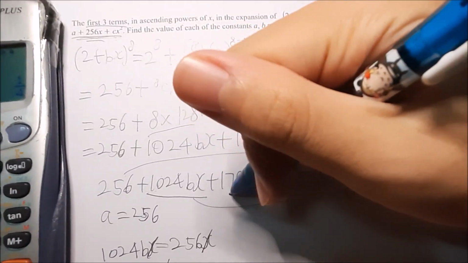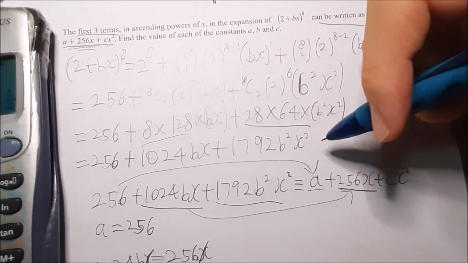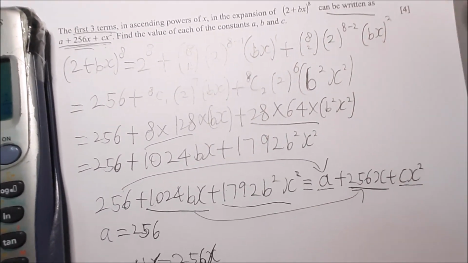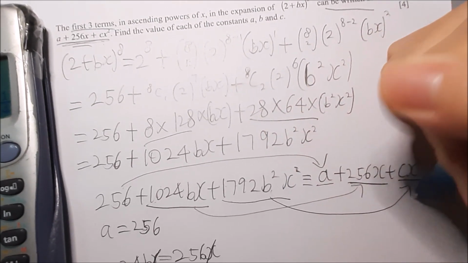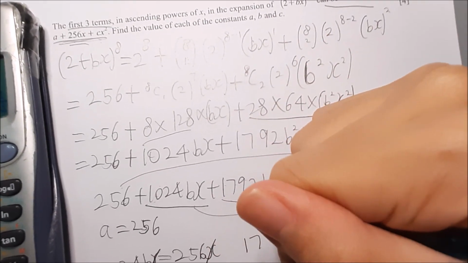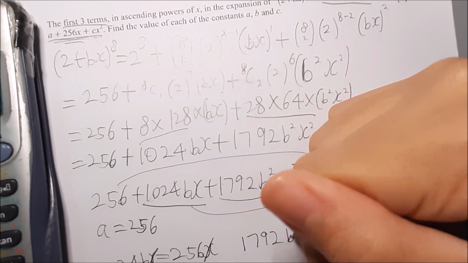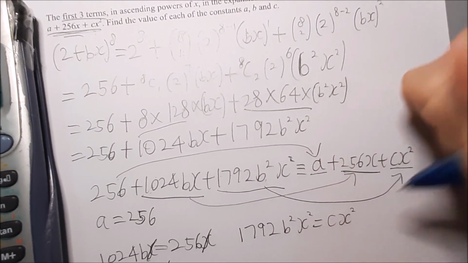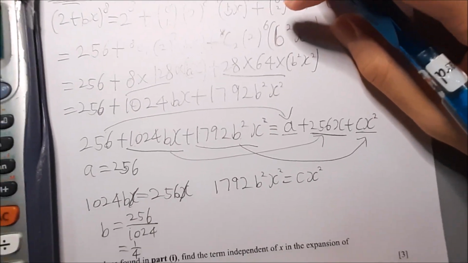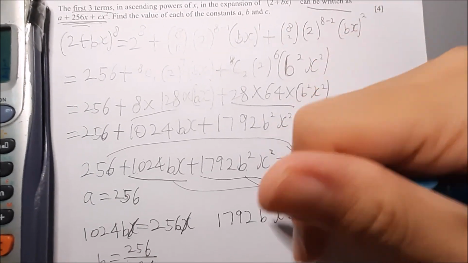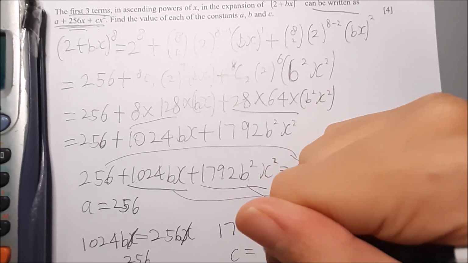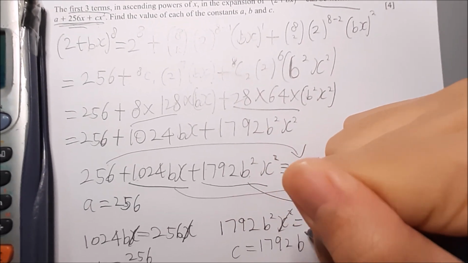And how about c? So you compare the third term, which is 1792b²x², and cx². So 1792b²x² equals cx². So you cancel out the x squared, and then c equals 1792b².